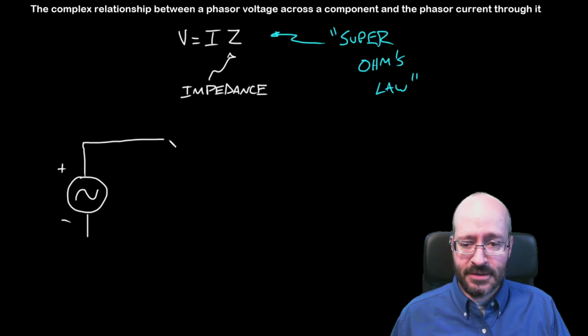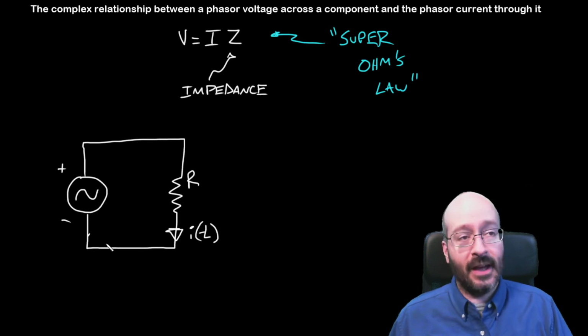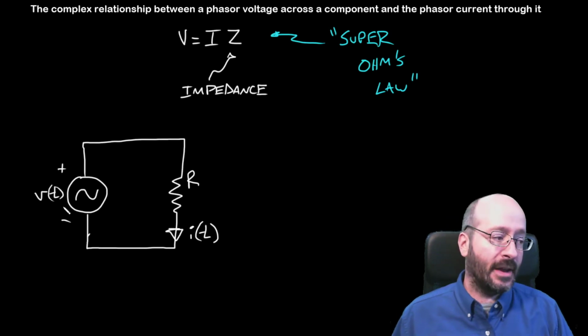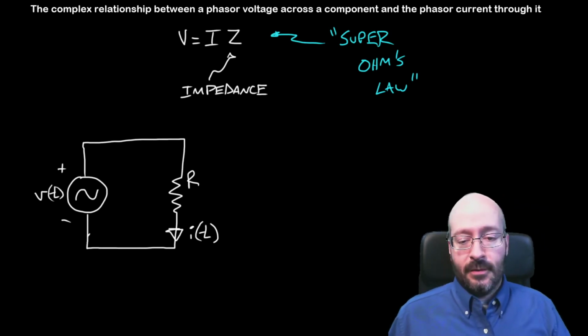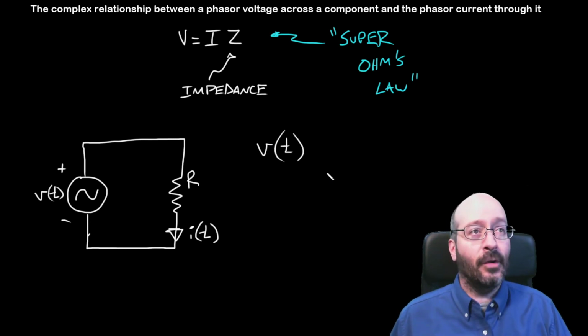Let's take that voltage supply and put it across a single resistor just like this. It's going to have some value R. We're interested in the current as a function of time, and this voltage supply has some voltage as a function of time.